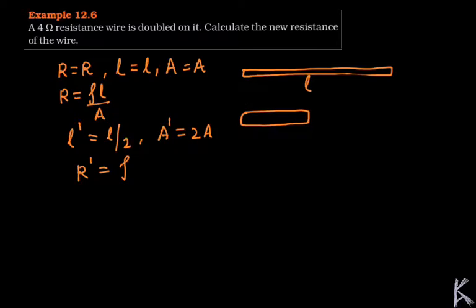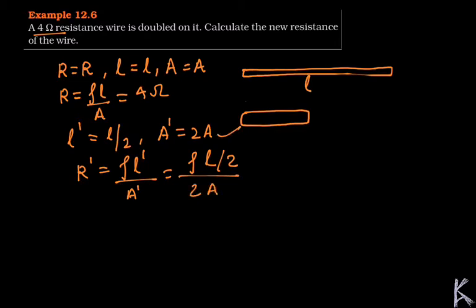Putting the values of L dash as L by 2 and A dash as 2A, this comes out to be rho L by 4A.